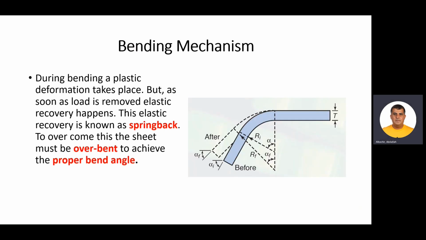Okay. There is a phenomenon that happens when we do bending. It is called spring back, which is the elastic recovery of the sheet metal after removing the force that is the bending force. So let's say we bent a sheet metal to a 90 degree.